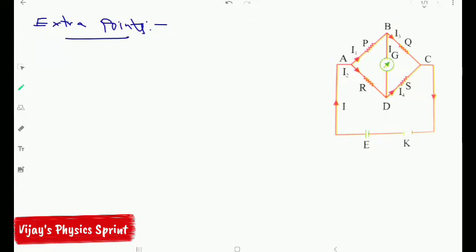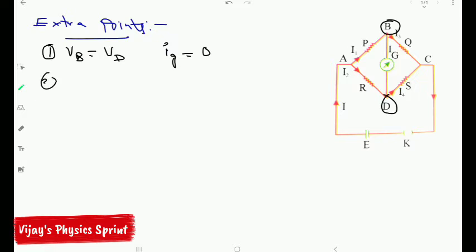And let's see some more extra points in the Wheatstone bridge. First point, already discussed: potential at point B is the same as potential at point D, then no current through the galvanometer, which equals 0.